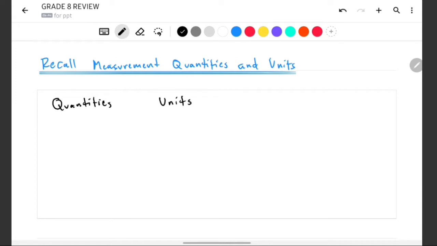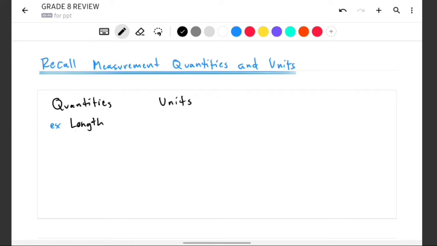Okay? So, first of all, ito yung mga lesson na natackle ninyo nung nasa grade 7 pa lang kayo. So, for example, what is the quantity for length? Can you still recall the unit, rather, for length?